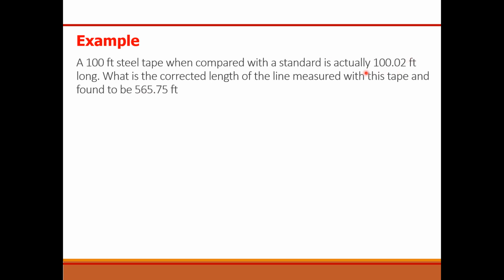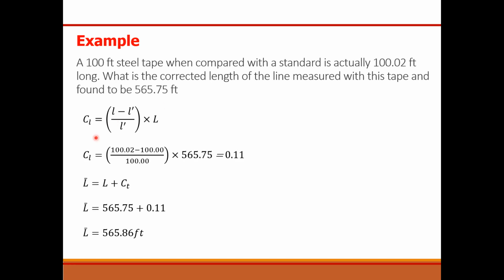So by using this defective tape, we found this value of 565.75 feet, which will surely have some error in it. We have to adjust the error in this value. What will be the procedure? Just put all the values in the formula. CL is equal to 100.02, which is the actual tape length, minus the standard tape length, which was 100 feet as given.